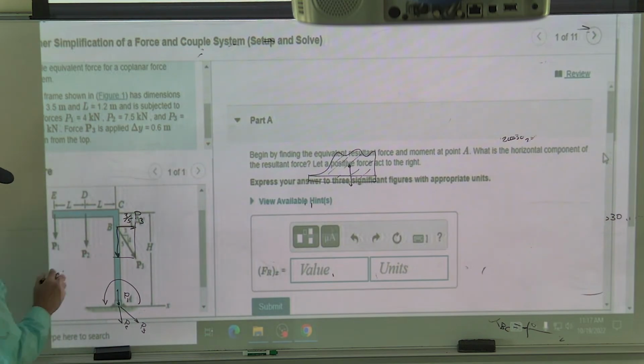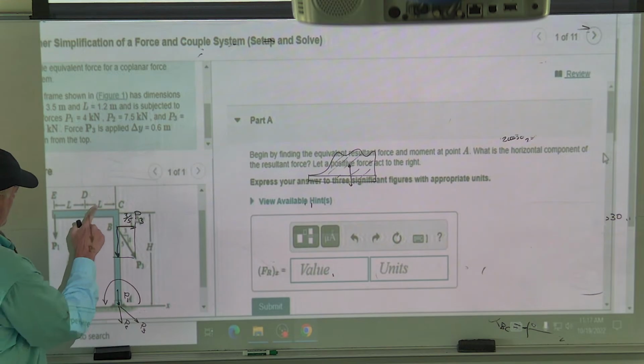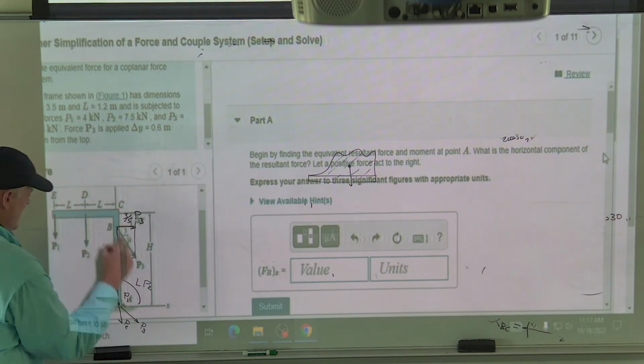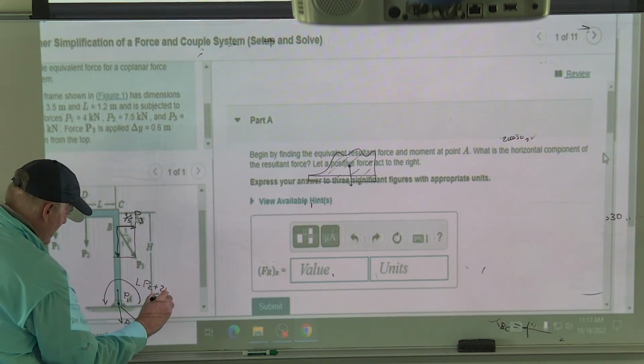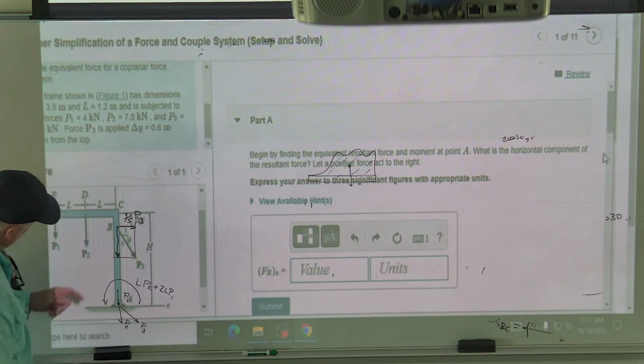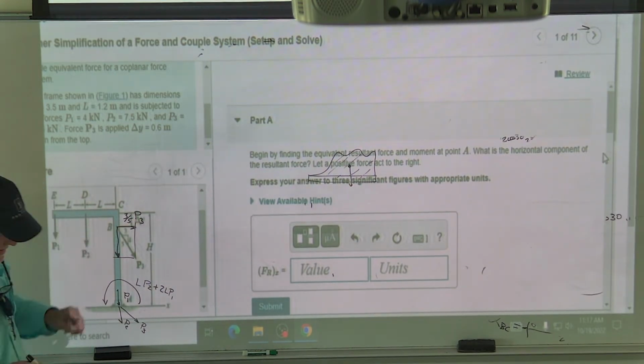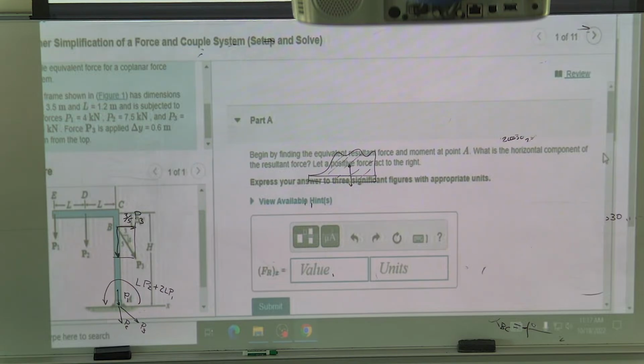So what you're going to have is the equivalent moment is L times P2, plus 2L times P1, and then I can't see what that is. I think that's a delta Y. Oh, now I see why.